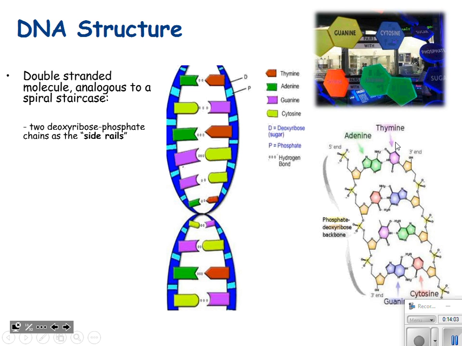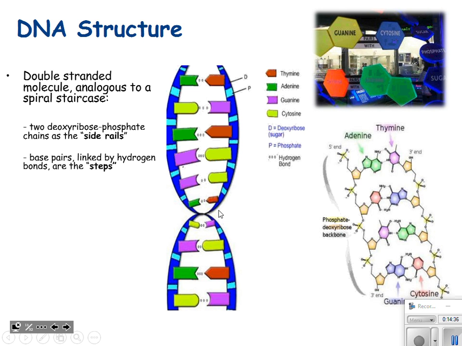The two side rails alternate deoxyribose sugar and phosphate groups. You can see them right here. The light blue is labeled P, so that's the phosphate. The darker blue is the deoxyribose sugar.